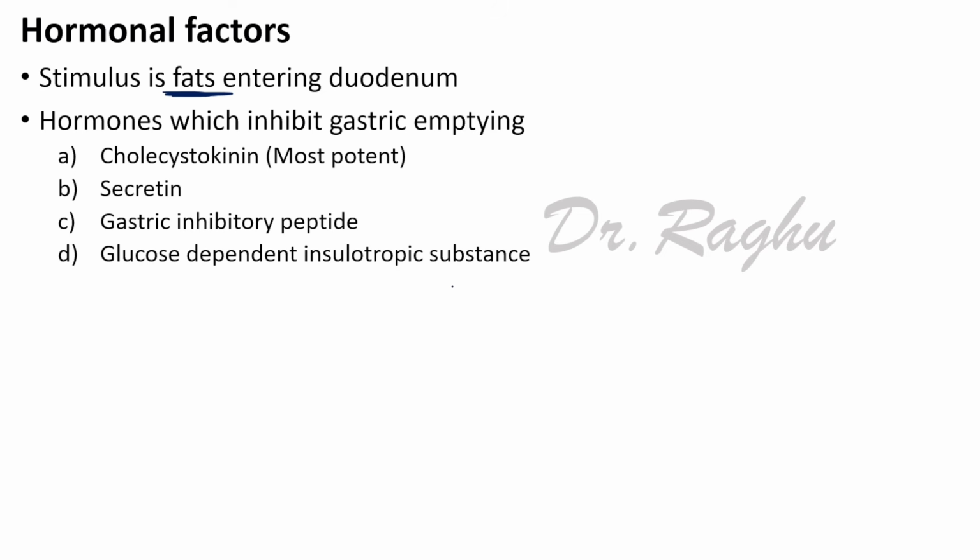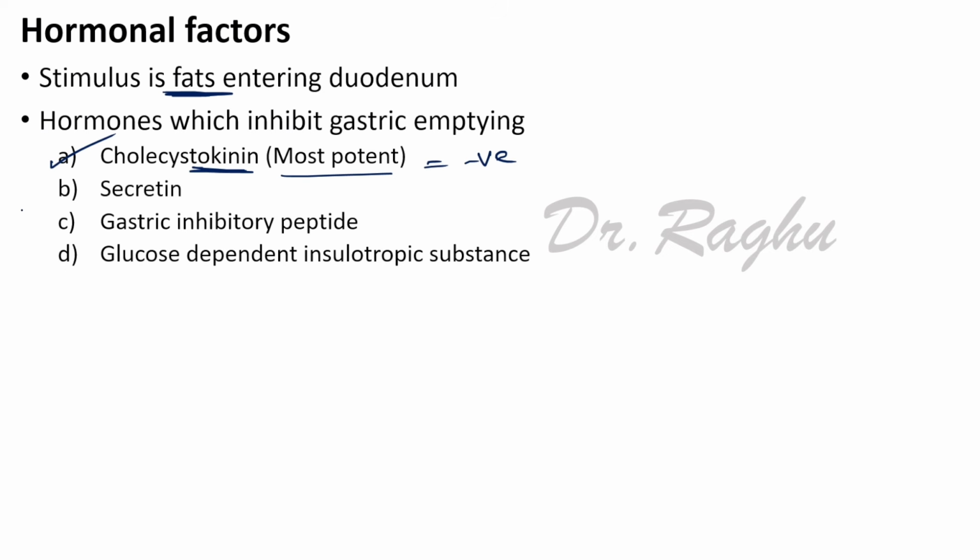So I have told you, whenever fat enters into the duodenum, it is going to cause an inhibition of the gastric emptying. So whenever fat enters into the duodenum, there is secretion of some hormones, and the most important of these is cholecystokinin, and this is going to cause inhibition of the gastric emptying.